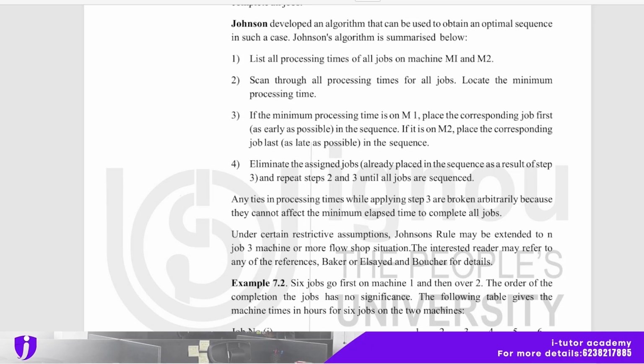If the minimum processing time is on M1, place the corresponding job first in the sequence, and if it is on M2, place the corresponding job last in the sequence. Eliminate the assigned job, and repeat steps 2 and 3 until all jobs are sequenced. So it is based on sequencing.